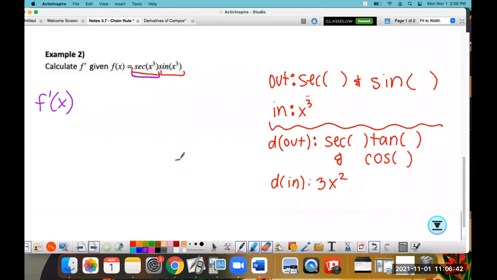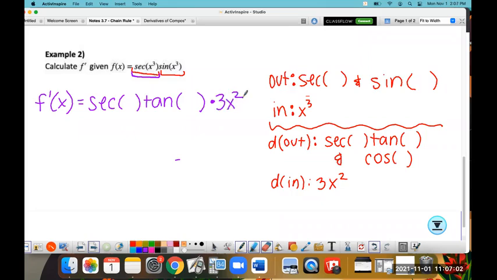Secant tangent. All right, so that's the derivative of secant times the derivative of the inside, which we said was 3x squared.